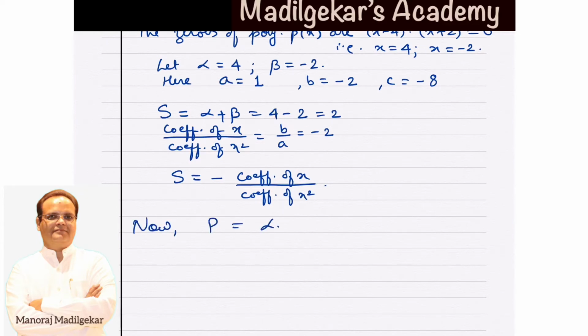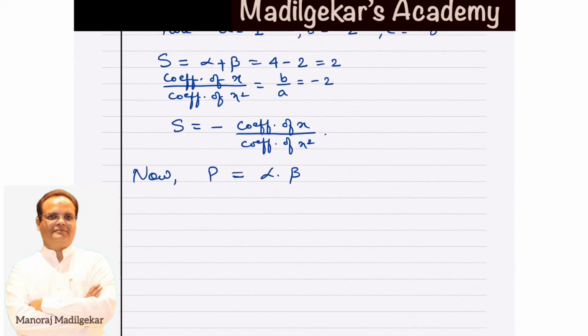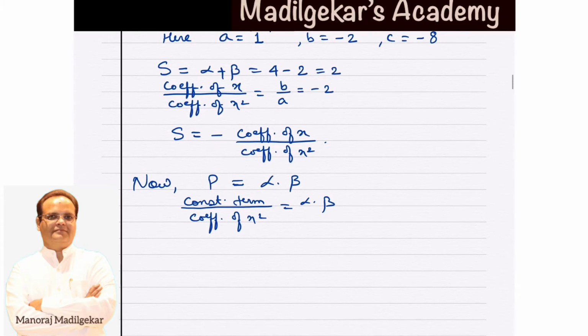Now the product. Product is alpha into beta. You can check in this way also. The product is constant term upon coefficient of x square equals to alpha into beta. Constant term means c, which is minus 8.